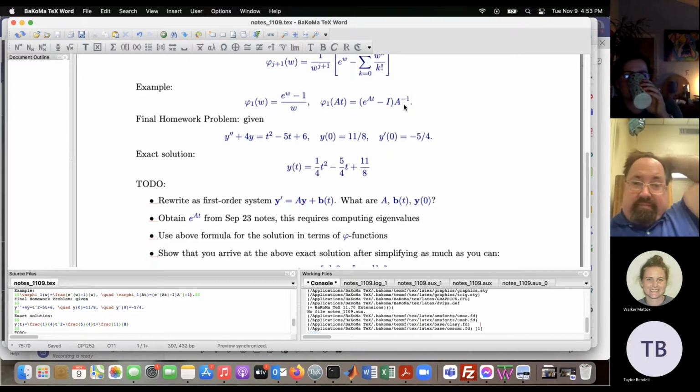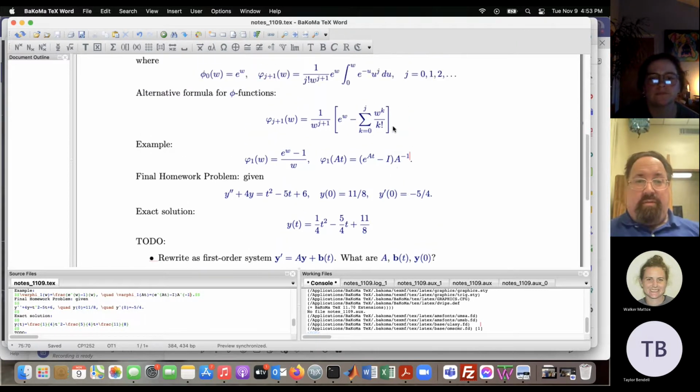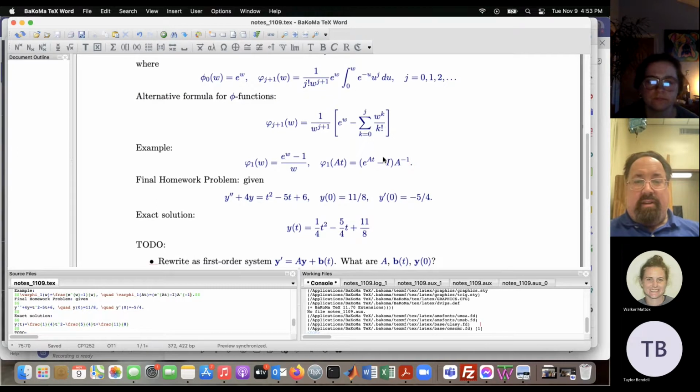And the higher order 5 functions, like phi 2, would have e^(At) minus I minus At, all times A to the minus 2. So you'd be taking A inverse and squaring it.